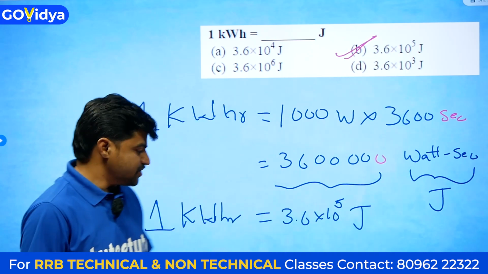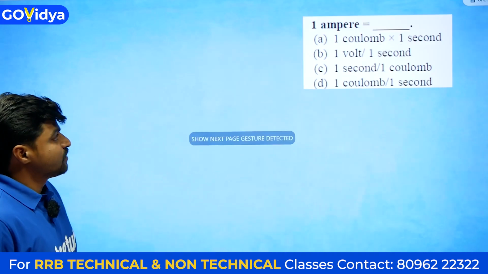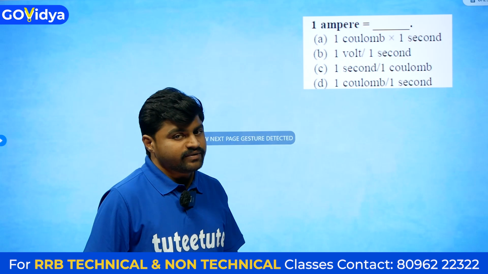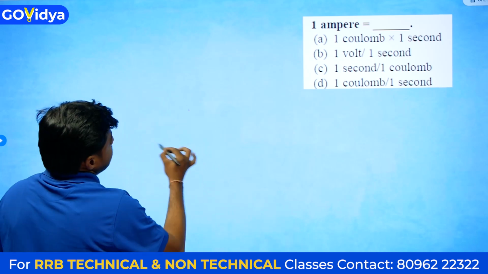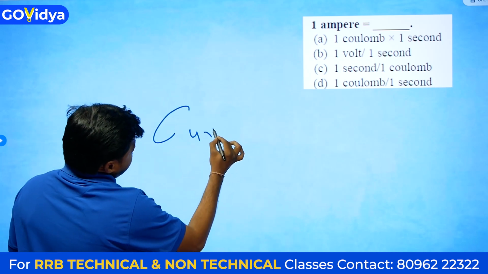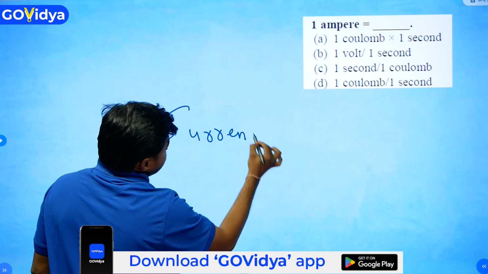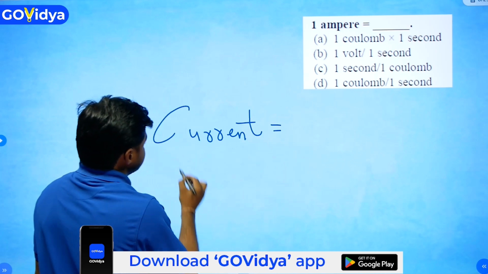Next question. 1 ampere is equal to what? We know that current is equal to charge by time.